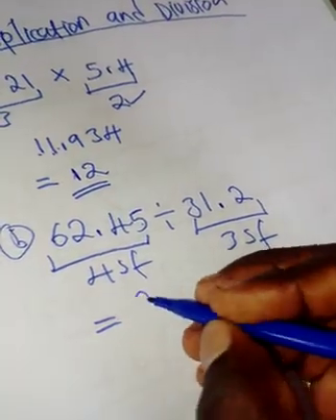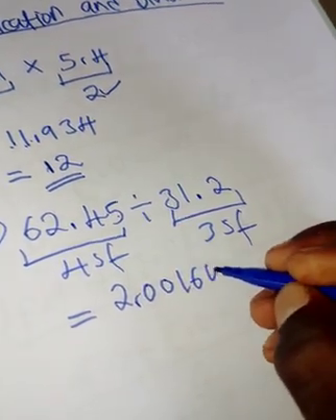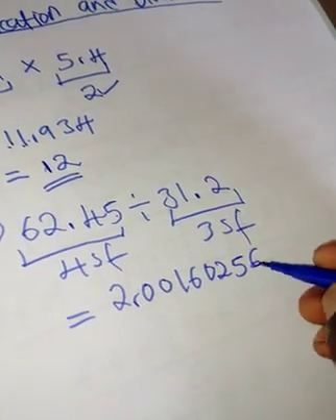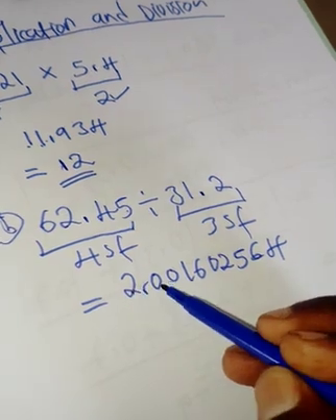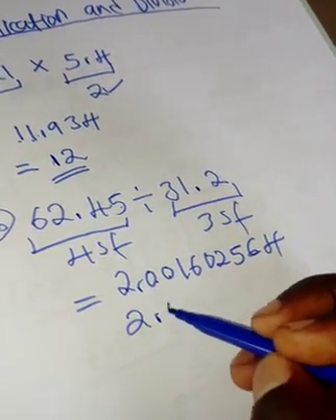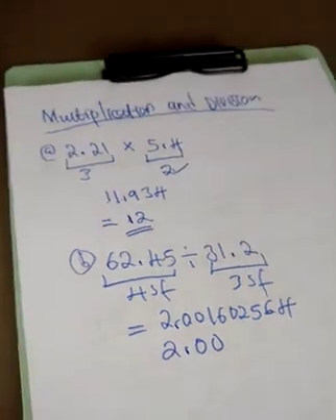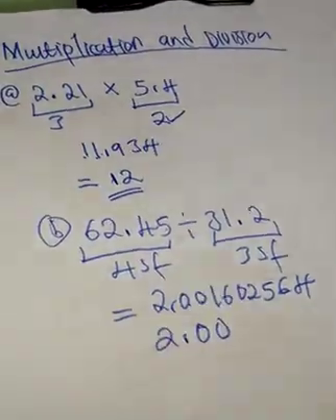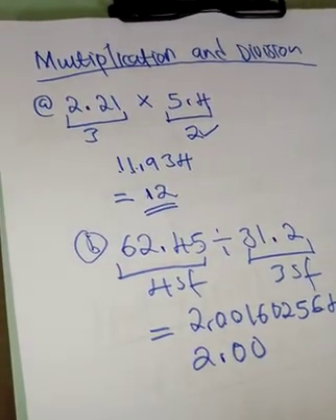We're getting 2.0016025664. Counting 3 significant figures, 1, 2, 3, the answer is simply 2.00. That's 3 significant figures. So this is how you deal with multiplication and division. Consider the significant figures.